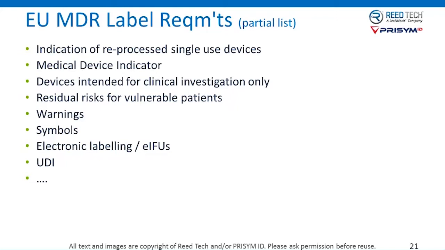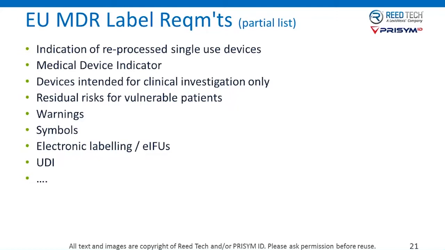But one that's quite interesting and worth pointing out is under the electronic labeling or the eIFU area. There's also a requirement now that if the manufacturer has a website, then the information about the device itself needs to be made available on that website and, importantly, kept up to date. So if there are changes to the device, you have to keep your websites up to date as well.